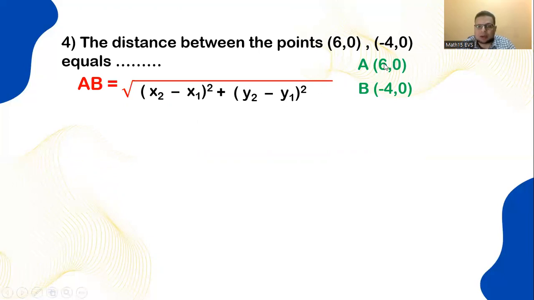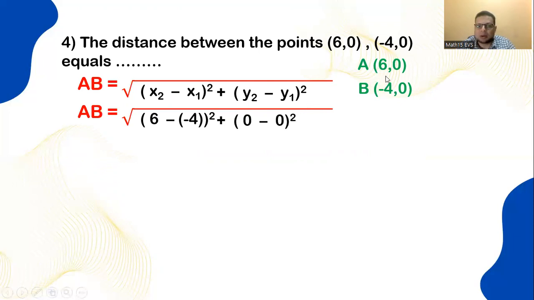So we have here x1, y1 and x2, y2. The difference between 6 and -4 power 2, plus 0 minus 0 power 2, you will get 10 length units. So the distance is 10 length units.